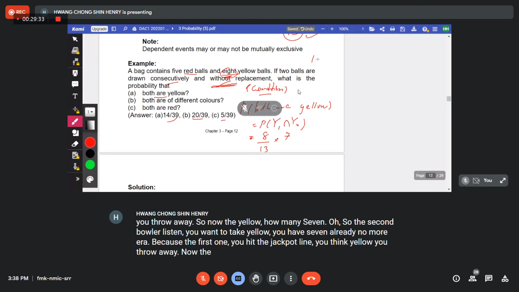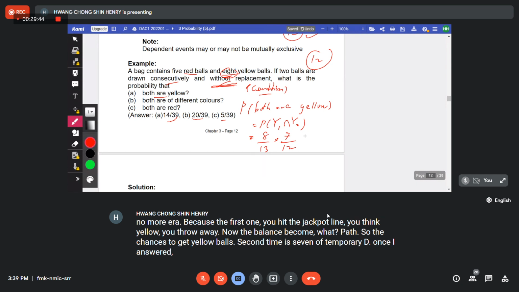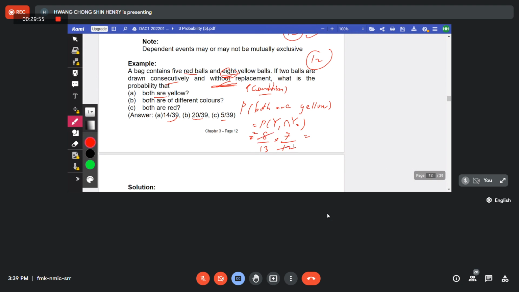Now the balance becomes what? 12. So the chance to get a yellow ball the second time is 7 out of 12. What's the answer? Correct or not? Anyone cannot follow?